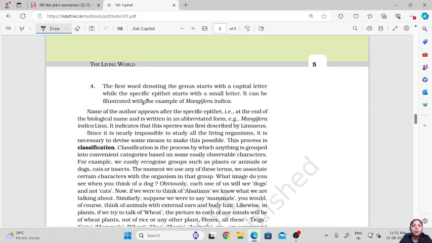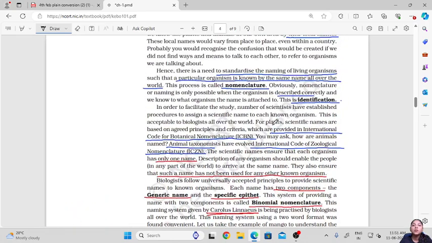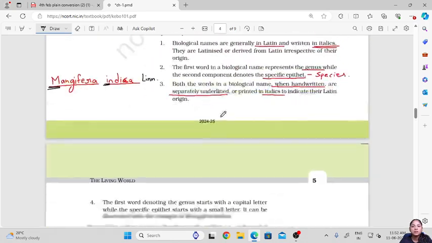Here the name of the author appears after the specific epithet, that is at the end of the biological name. Example, Mangifera indica Lin. This indicates that this species was first described by Linnaeus. Now this is all about the nomenclature, how naming of organisms is done.